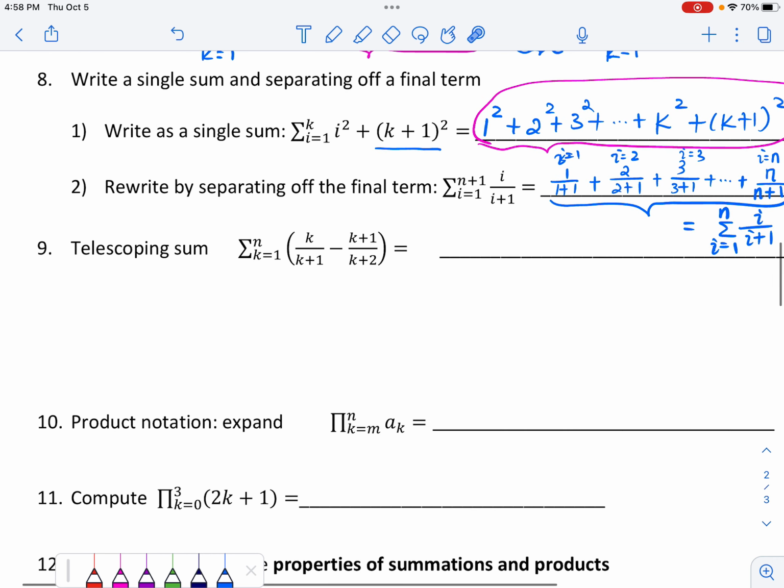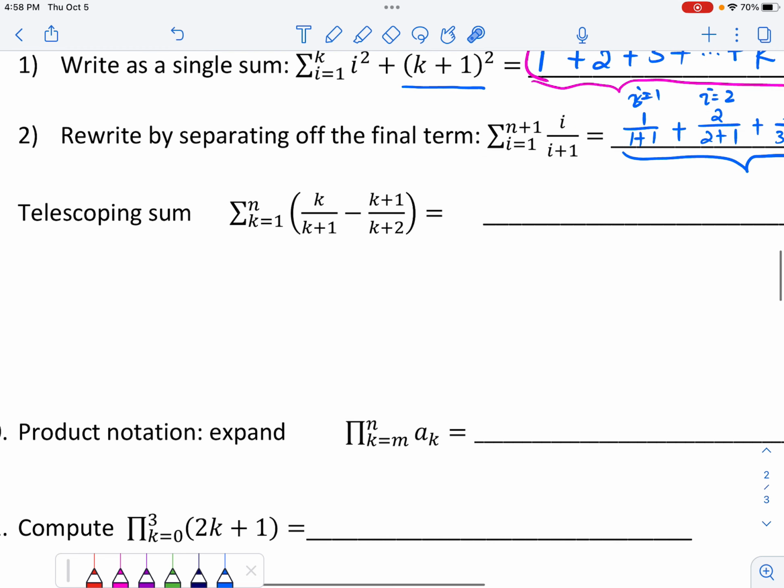Now, in this video, I also want to introduce a telescoping sum. Let's take a look at this and expand it. When k is 1, we have 1 over 1 plus 1, which is 1/2, minus (1+1) over (1+2), which is 2/3. That's what I get when k is 1, and because this is a summation, I'm going to add.